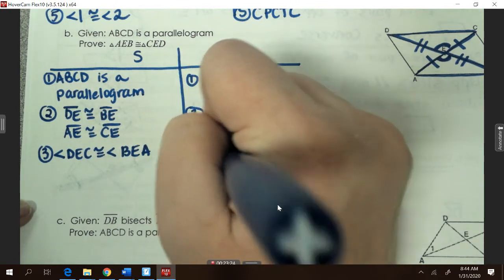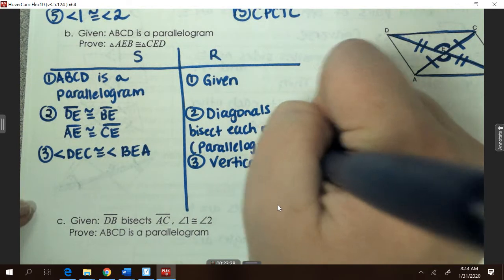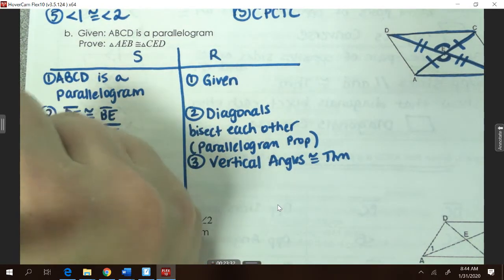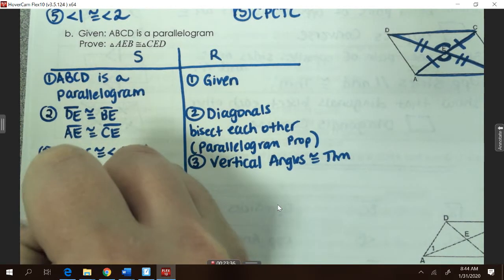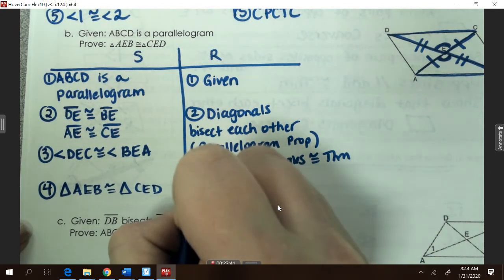And that's by the vertical angle congruence theorem. Okay, and now we have enough to say that the triangles are congruent. So now I can name the triangles. It told me exactly how to name them. AEB is congruent to CED by SAS.